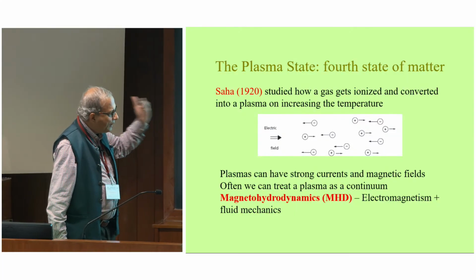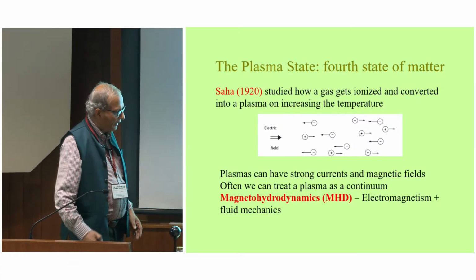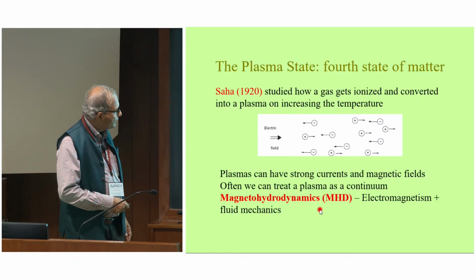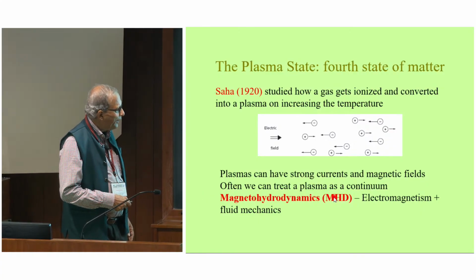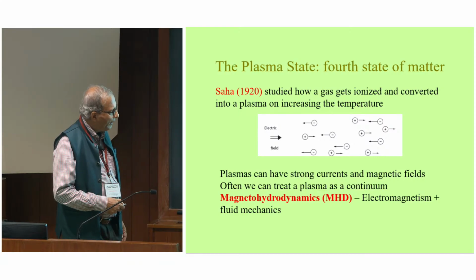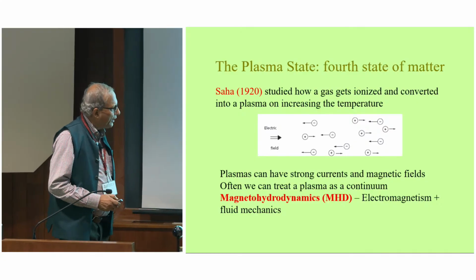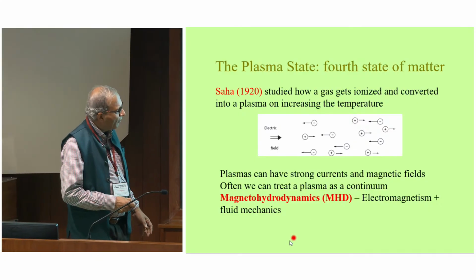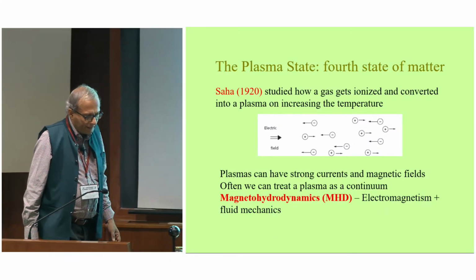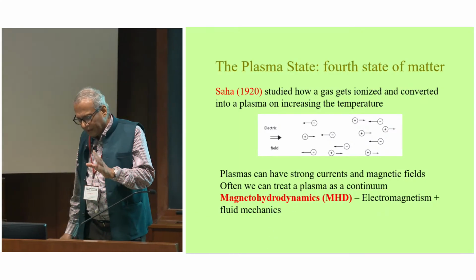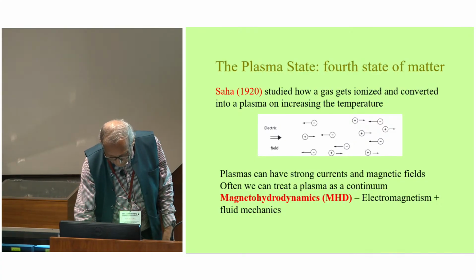The branch of plasma physics in which the plasma is treated as a continuum fluid is known by the tongue-twisting name magnetohydrodynamics, abbreviated as MHD. The basic equations of MHD are obtained by combining the basic equations of electromagnetism and fluid mechanics. In the afternoon lecture, I shall discuss a little bit how these equations are combined together.